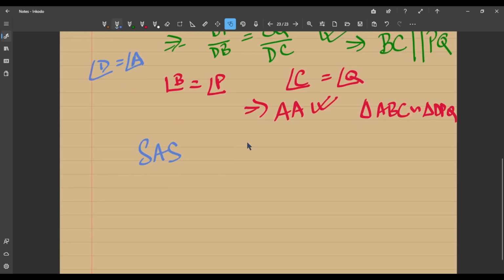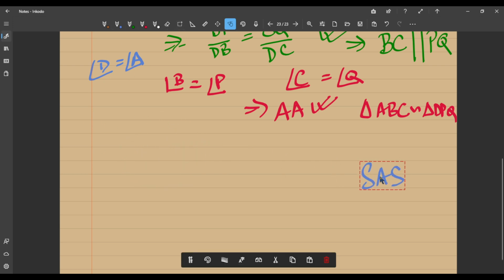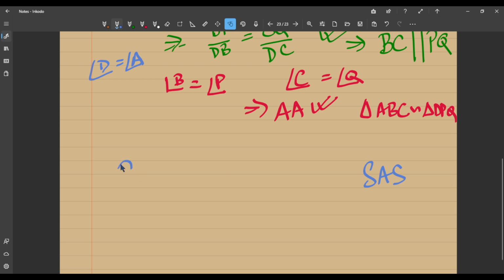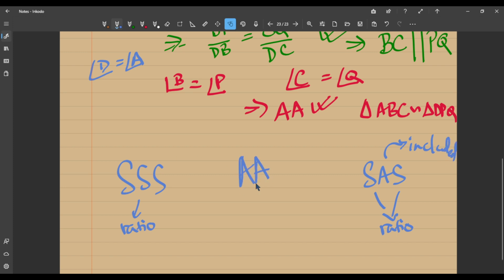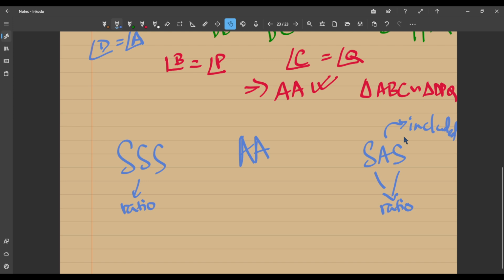So SAS, this was the last thing we saw. We also saw SSS. Here I mean ratio. The sides are in ratio. Even here I mean ratio. And this angle has to be the included angle. And we also saw the angle property. Angle automatically implies angle because it's a triangle.